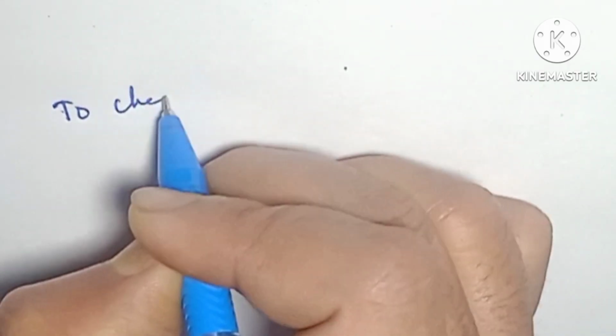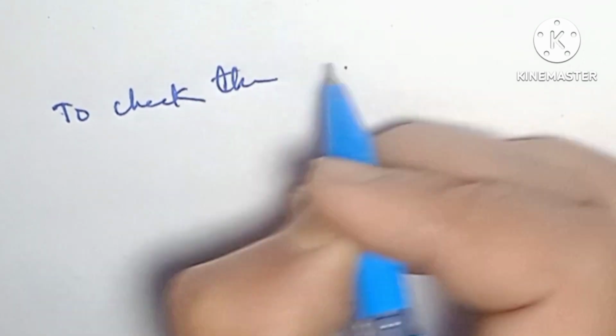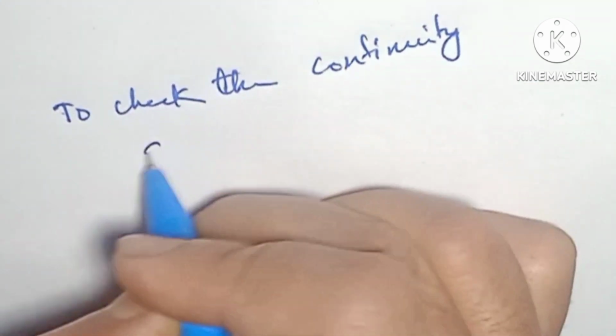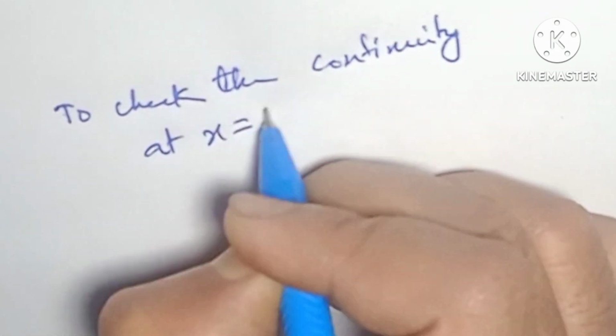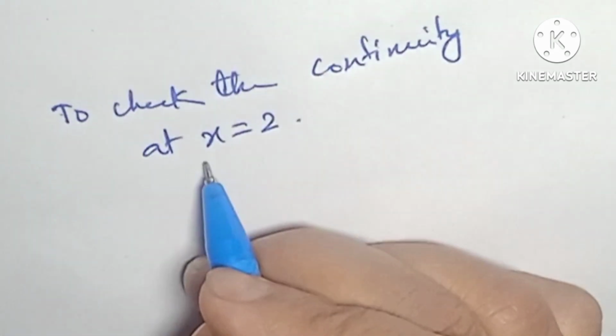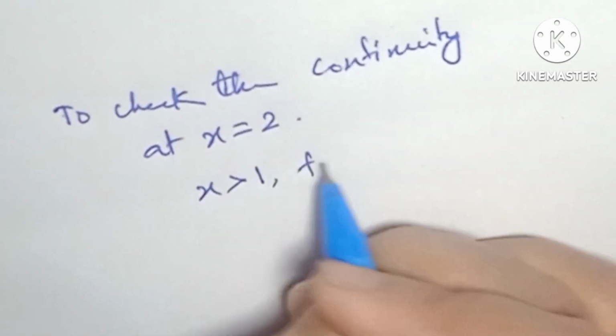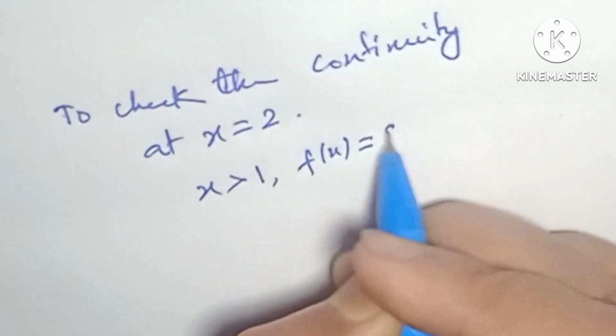To check the continuity at x equal to 2. In this case also, x is greater than 1, so f of x is equal to 5.